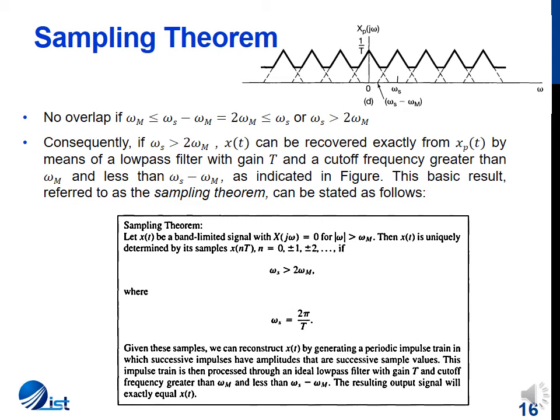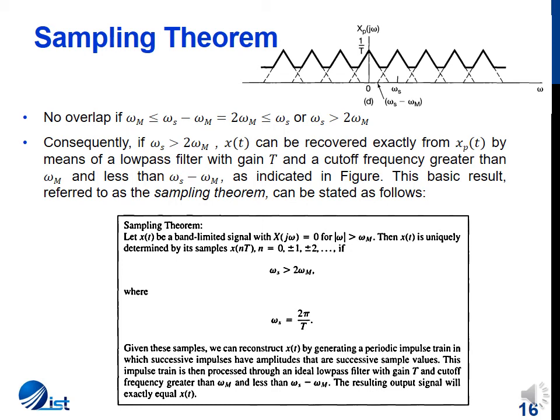To reconstruct the signal, we'll pass it through an ideal low pass filter with gain T and cutoff frequency greater than omega m and less than omega s minus omega m, before the next replica comes. So the resulting signal will be exactly equal to x of t.